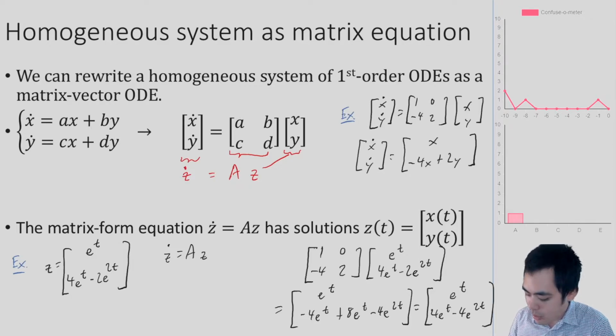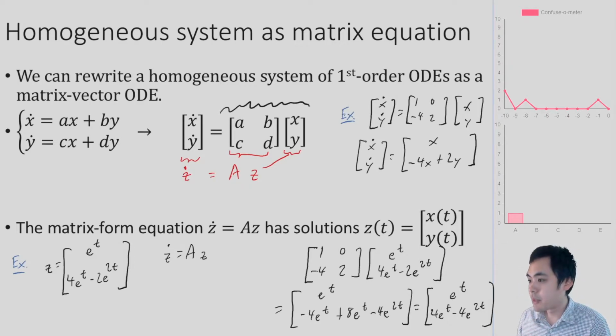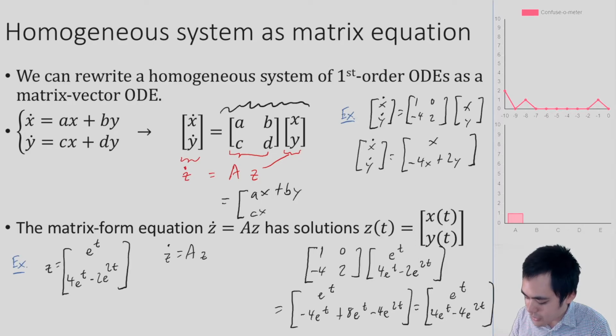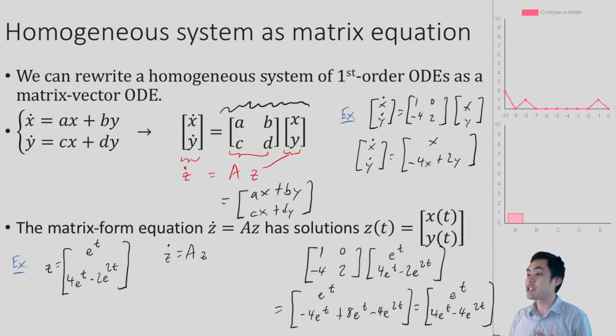I gave an example over here, but let's give an example with all the variables. So, if we have z dot is equal to Az, what is this matrix equal to? When you multiply this out, that's equal to (ax plus by, cx plus dy), right? Because that's matrix multiplication.